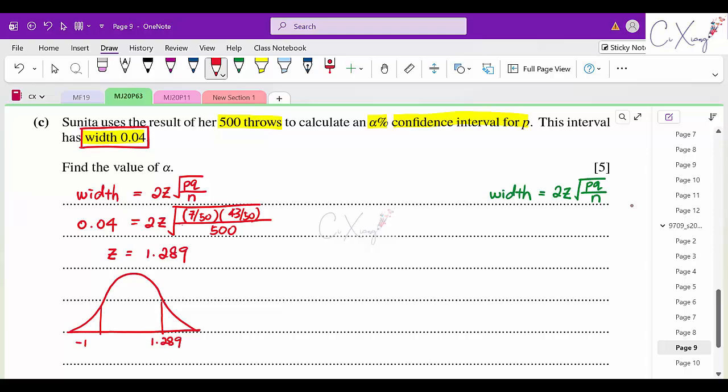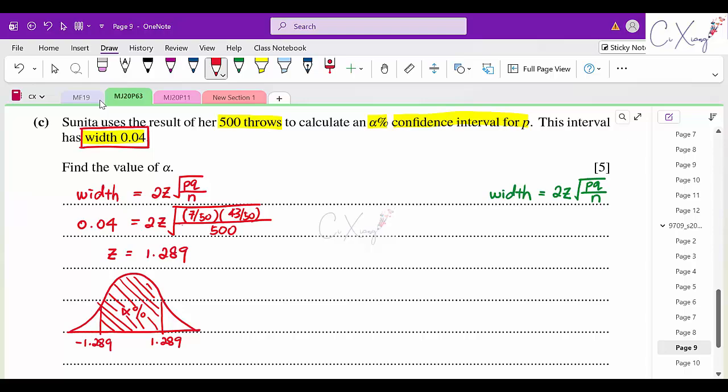We already calculated z just now, right? Okay, and what is the alpha? The alpha percentage is this one. This is the alpha percentage, or you can write alpha divided by 100 if you are talking about the proportion. Okay, all right. So this part is alpha.